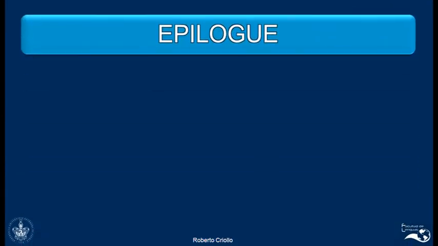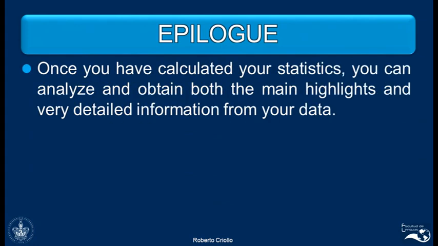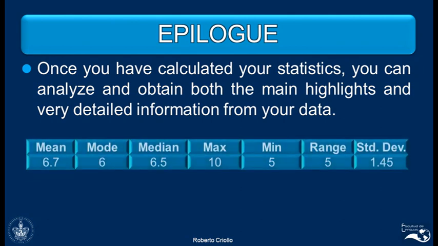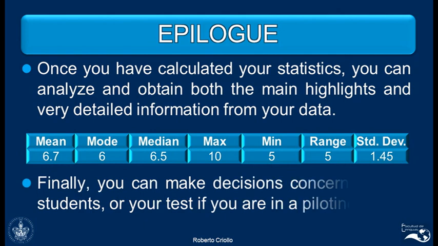Just a final word. Remember that statistical analysis is part of piloting or post-test reports. So once we have calculated our descriptive statistics, the next step is to analyze the information very carefully in order to obtain both the main highlights and also very detailed information from our data that may allow us to make decisions concerning our students if we are already teaching, or maybe the test itself if we are in a piloting stage.